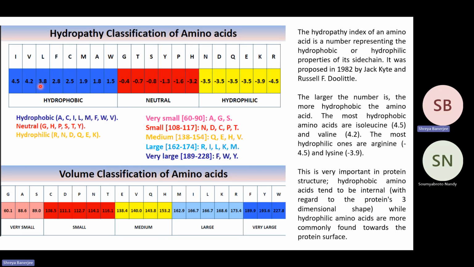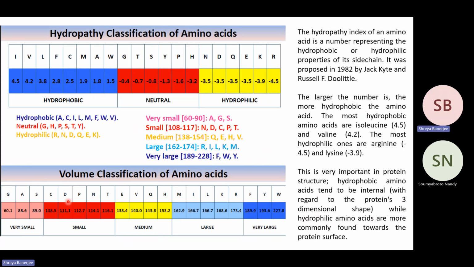That is why the hydropathy classification is important, because it will determine the three-dimensional structure of the protein as to which amino acids will fold to be in the internal region of the protein and which will remain exposed to the solvent.